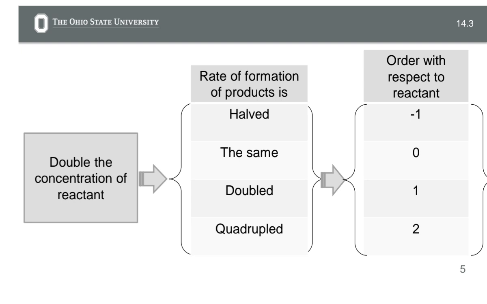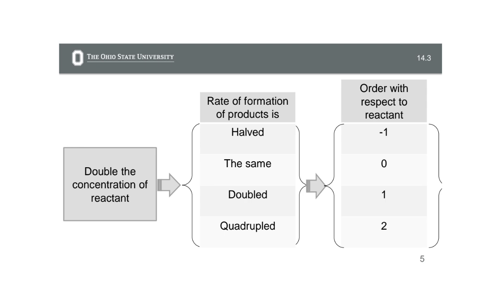There is a way to mathematically do this, but before we get to that, I want to look at this very generic method, but it works most of the time. Okay? So let's say we double the concentration of a reactant, the other one stays constant, and then we look at what happens to the rate. These are usually the options. It's halved, it stays the same, it's doubled, it's quadrupled. We can then use that information to predict the order, to predict that last column of data.